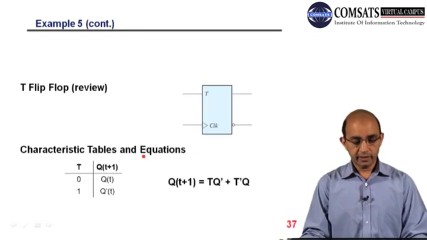And then, as we normally review the flip-flop, this is the characteristic table and the characteristic equation for this T flip-flop. So this is T, this is the next state, and this is the characteristic equation for this flip-flop.